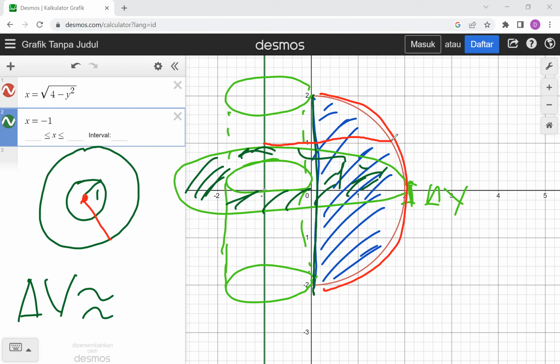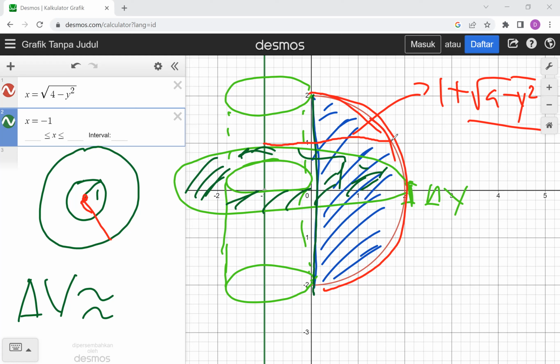Good. So in general, the distance will be 1 plus the square root of 4 minus y squared. The square root of 4 minus y squared is just the distance from this curve to the y-axis, but the distance from the curve to the line x equals -1 is 1 plus the square root of 4 minus y squared.